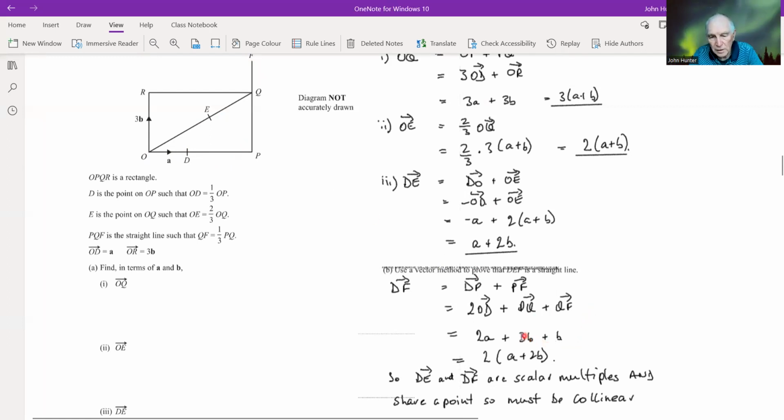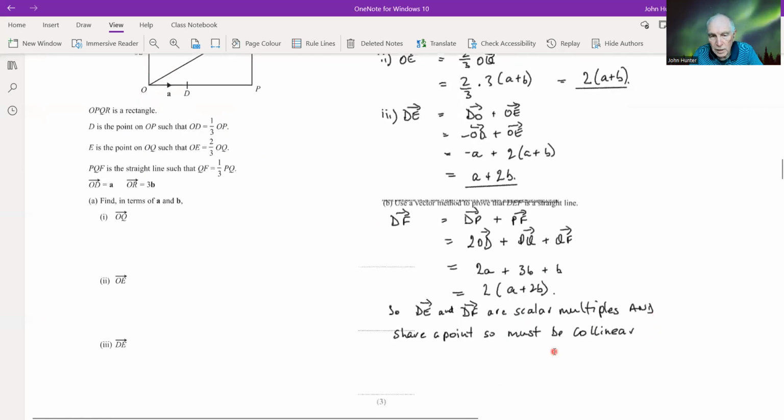Right, PQ is 3B, because we've established it's the same as that. And QF is 1/3 of this length. So it's going to be plus another B. So that's going to work out to be 2A plus 2B.